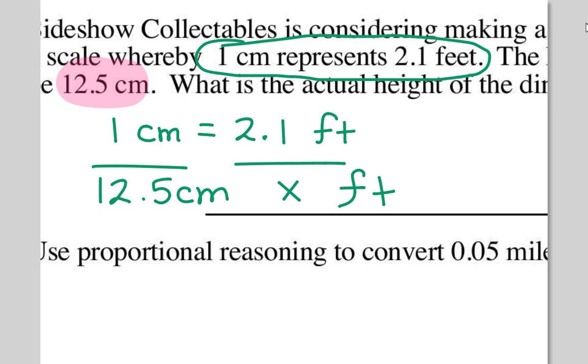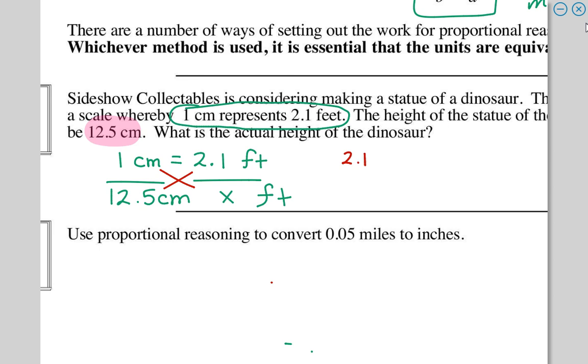Which one's across x? The 1. So I need to times these two guys. So 2.1 times 12.5, and then I divide by 1, and this will equal x. Just remember that. You always divide the thing across the unknown.